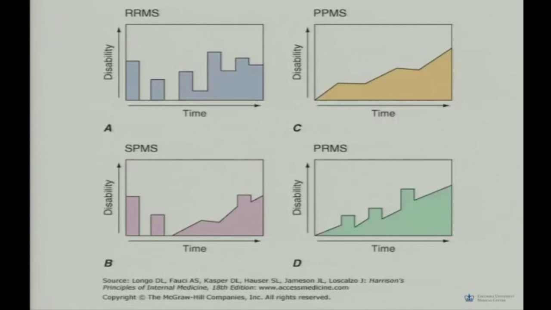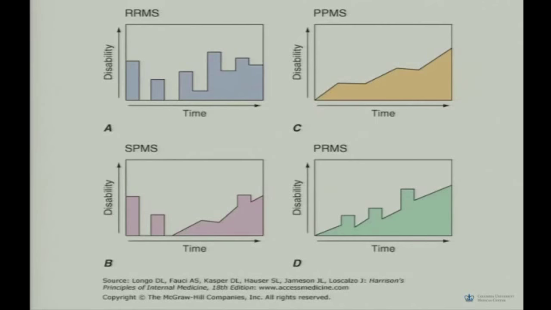So if we look here for a second, with RRMS, on the y-axis we've got disability or loss of function, severity of symptoms, and then on the x-axis we have time. So you see the first relapse, the initial onset of the disorder, you have some very acute symptom going on. That could be optic neuritis, significant gait problems, significant pain, any of the manifestations that I mentioned.